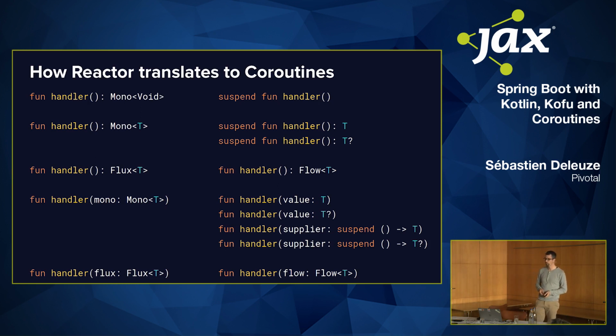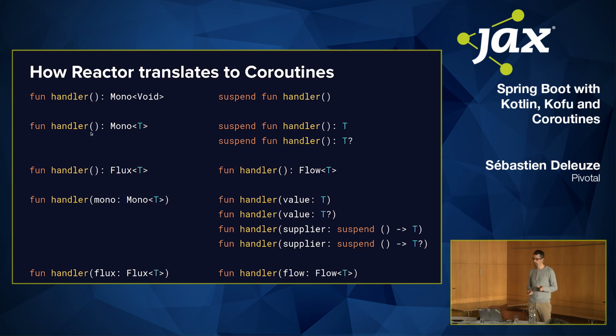So to give you a more concrete sense of that, I have written this kind of translation between the Reactor and coroutines worlds. When you have a handler that returns a Mono of Void, in the coroutines world that will translate to a suspending function that returns nothing. So you can see that we are quite close to the regular imperative world that we all know.